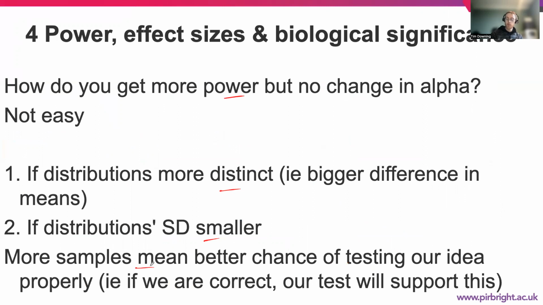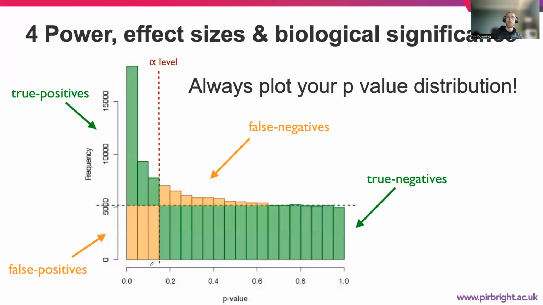Another thing we should do, if we're doing many tests, is also to plot the p-values. So think about it like this: down here on this lower half, or beyond the dotted line, we could have this area region here. That conforms to our uniform distribution, which we'd expect for our p-values if we have no effect.